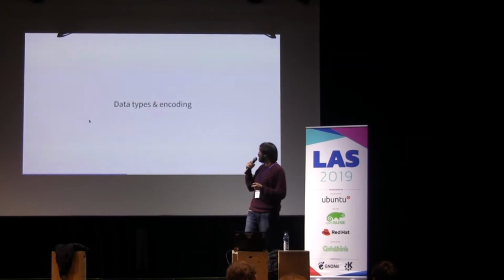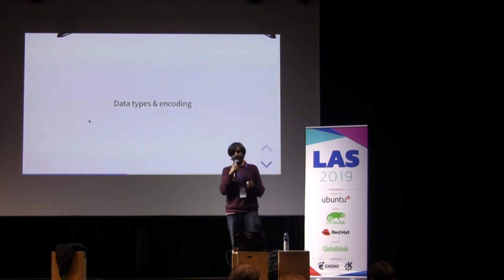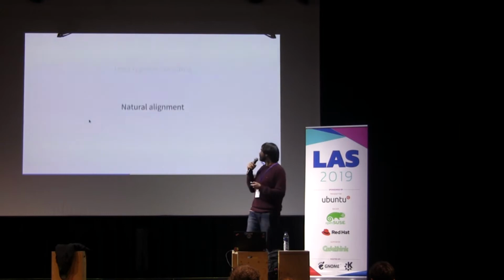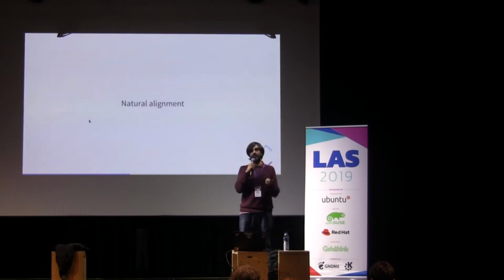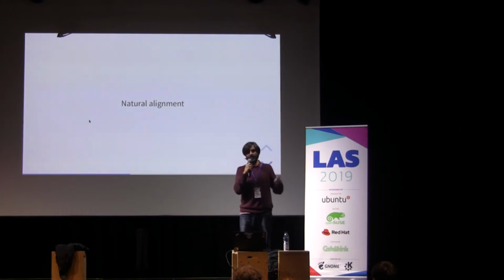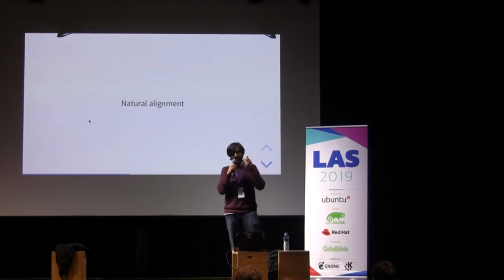So yeah, I looked into that, and it's basically a bunch of data types and their encodings. That's what the spec defines, and they have a natural alignment. So if you have a 4-byte integer, it's aligned on a 4-byte address.